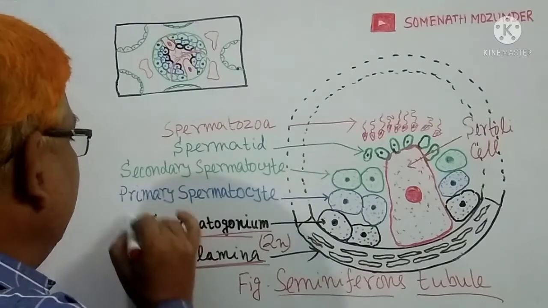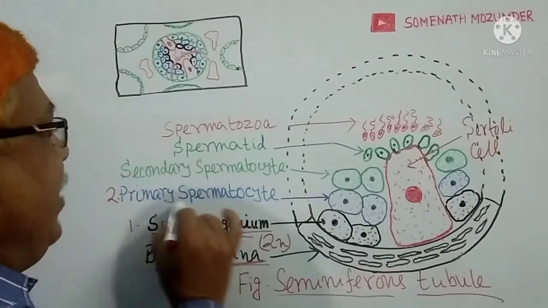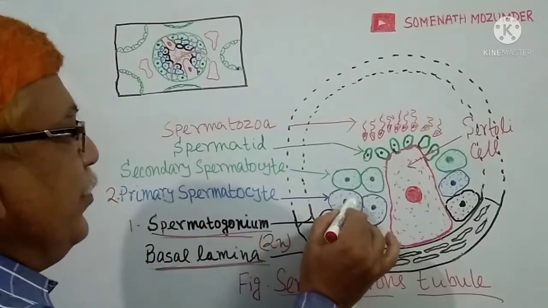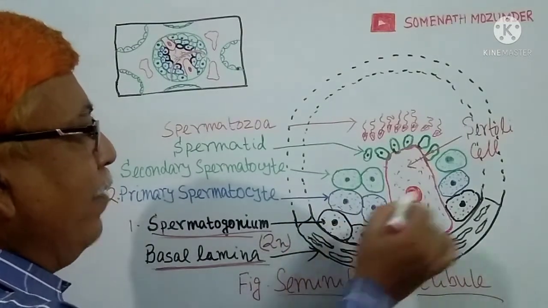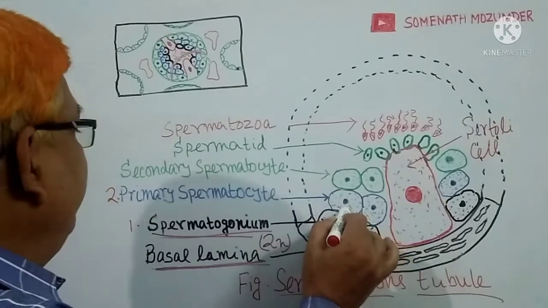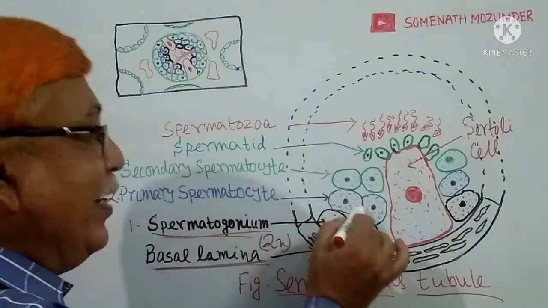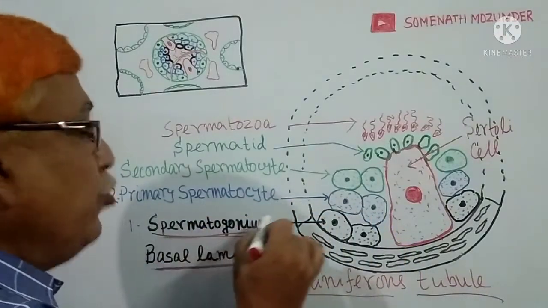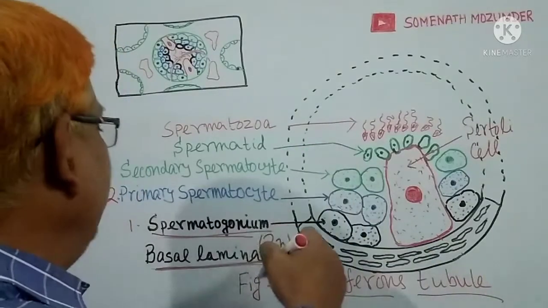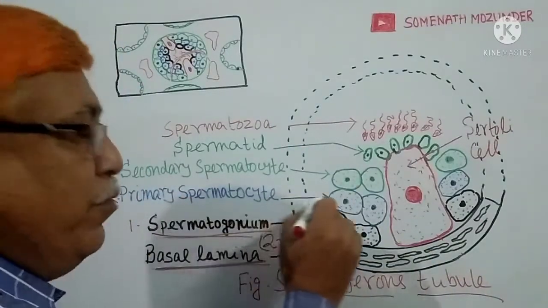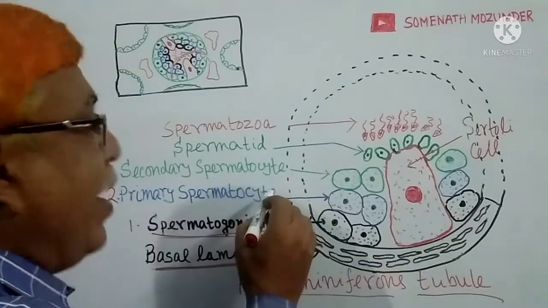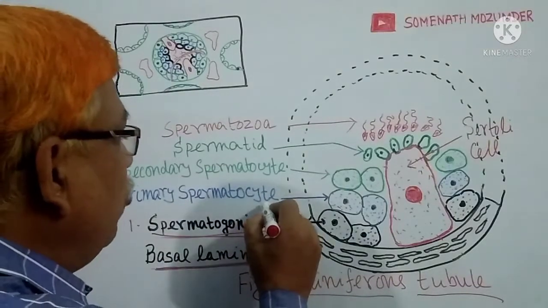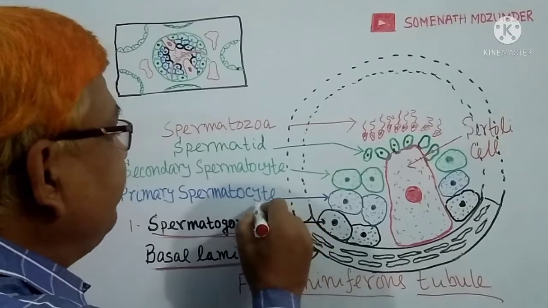Next, primary spermatocytes. Spermatogonium is transformed into primary spermatocyte, and primary spermatocyte is also diploid in nature.